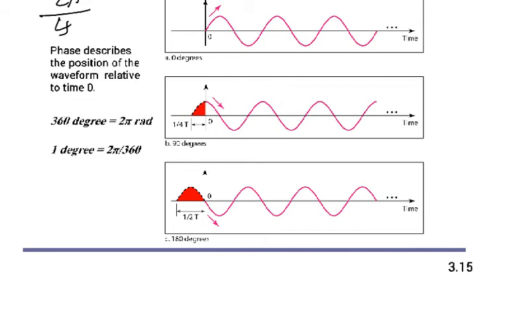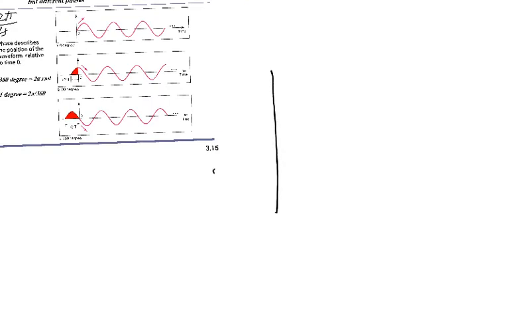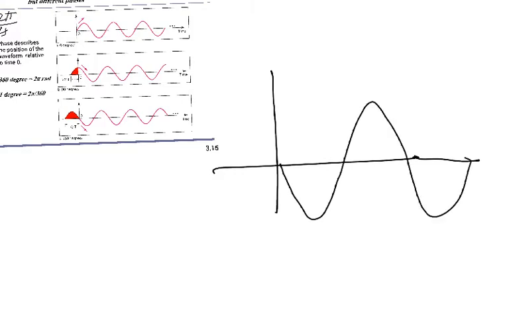If I start a sine wave like this, it means that it has a positive 90 degrees, a positive 180 degrees. Okay? If the shift is to the right, then the phase is negative.